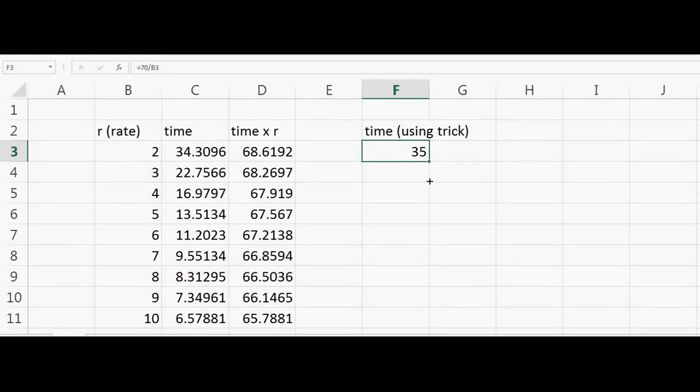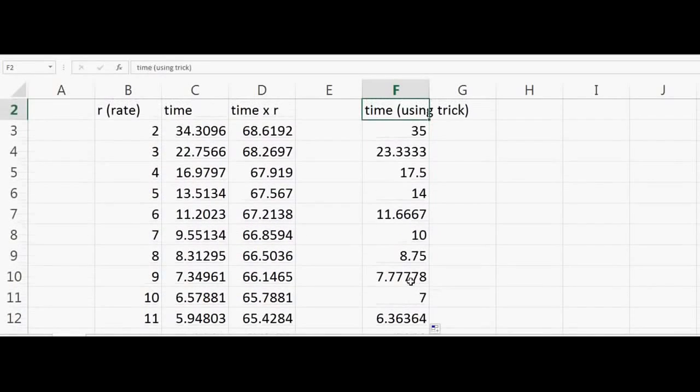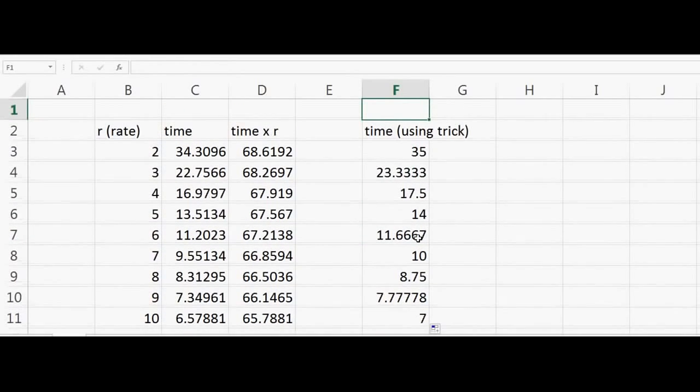We can keep doing this for all the rates, and we can see that the numbers are very close to each other. If we have 9.55 years here, we get approximately 10 years. So this is how the trick was made, and it gives you approximate values when you are trying to do this calculation.